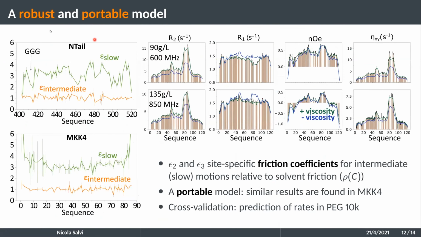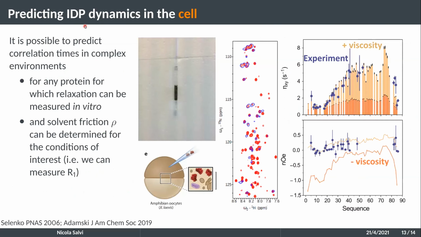And this results in a very robust and portable model that we cross-validated by applying to a completely different IDP, MKK4, and also by using a completely different crowder, PEG, instead of dextran as in the previous slide. And actually, this can be exported to any kind of medium, as complex as you like, provided that you can actually measure R1 of water that allows you to define this parameter rho.